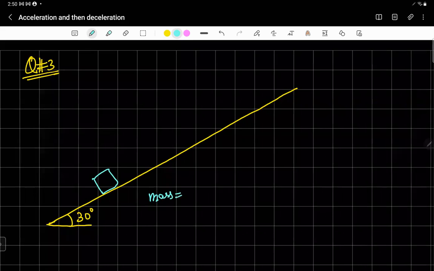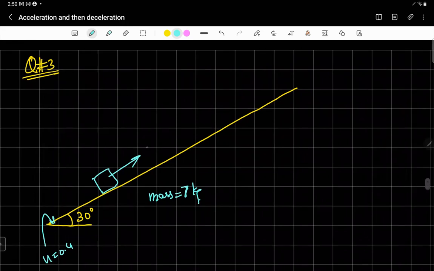The coefficient of friction is 0.4. A force X acts on it in the upward direction. The value of this force is 39 Newton. This force acts for, say, 20 seconds.